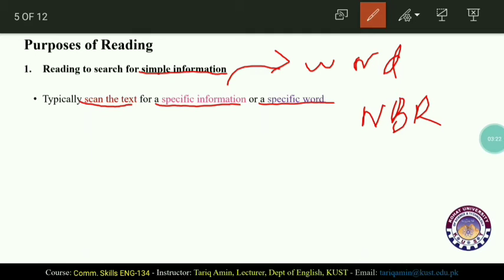For example, I give you a text of 10 paragraphs, 5 paragraphs or 3 paragraphs, and I ask you to search a specific word. For example, tree is a word, and I ask you to search this word or locate this word in the text.